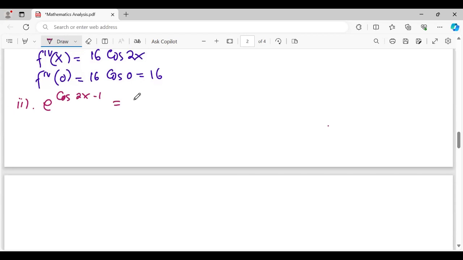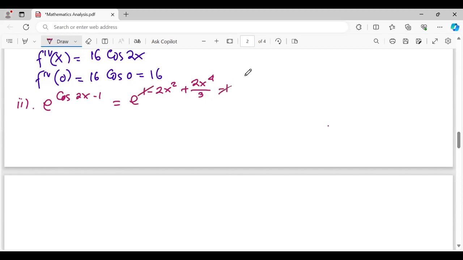It becomes e to the power of 1 minus 2x squared plus 2x to the power 4 over 3, minus 1.